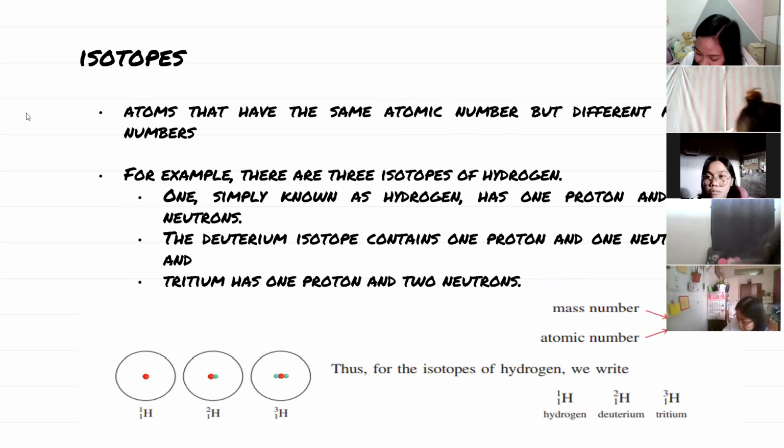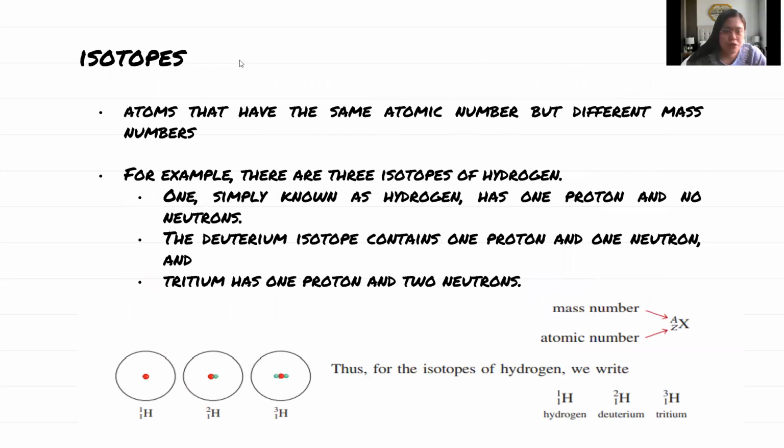Okay. Next, we have now the isotope. This was already discussed in the laboratory. What is the meaning of isotopes again? They are atoms that have the same atomic number. For example, take two atoms with the same atomic number.